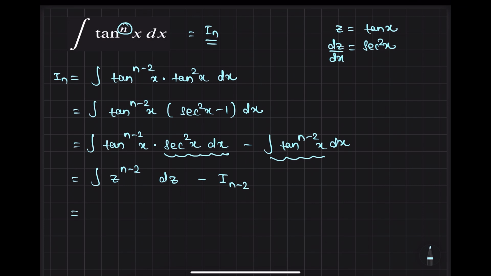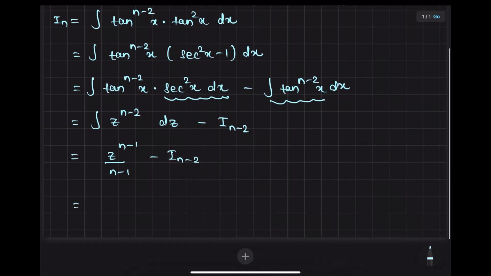So let's do the integration of z power n minus 2. It is z power n minus 1. Okay, because we will add, no, it is integration. It is not plus 1, rather it is n minus 1 upon n minus 1. Okay, and then I have I n minus 2.